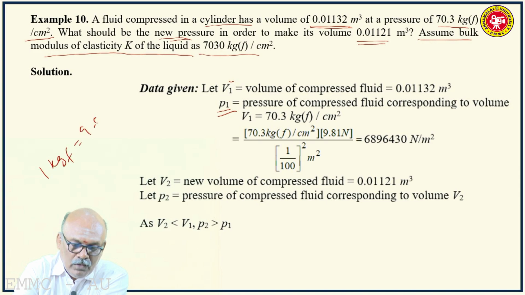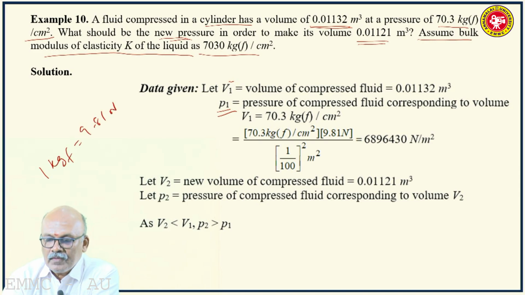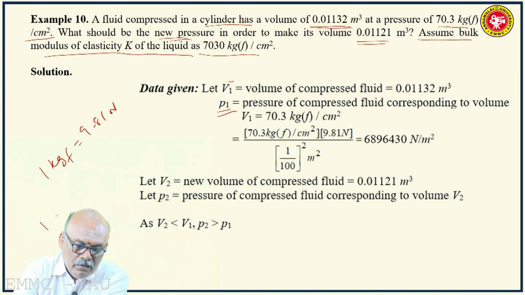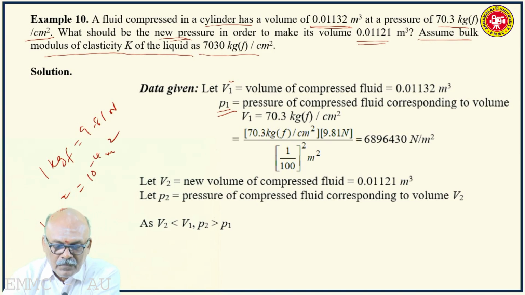is 9.81 Newton. So, multiply by 9.81 and then centimeter square should be converted to meter square, that is 10 power minus 4 meter square. 1 centimeter square is equal to 10 power minus 4 meter square, because 1 centimeter is 10 power minus 2 meter.